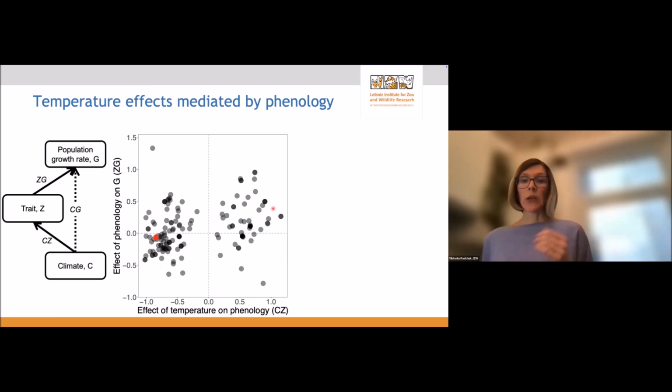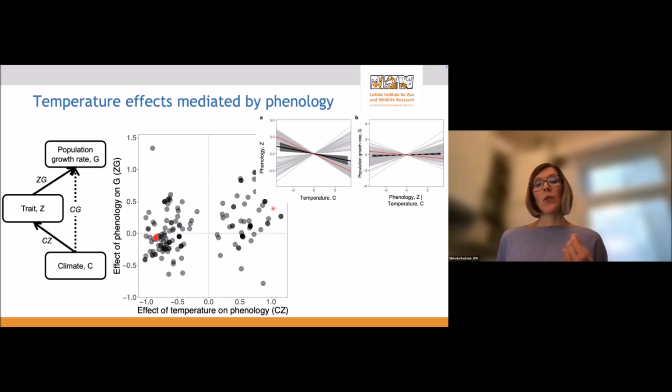So now we look at how the effects of temperature on phenology for each particular study relate to the effects of phenology on growth rate. In this plot, each point shows on the x-axis the slope from the panel that you have seen on the slide before. The x-axis is the effect of temperature on phenology, and the y-axis shows the slope from the panel that you have seen on the right before, so the effect of phenology on population growth rate.